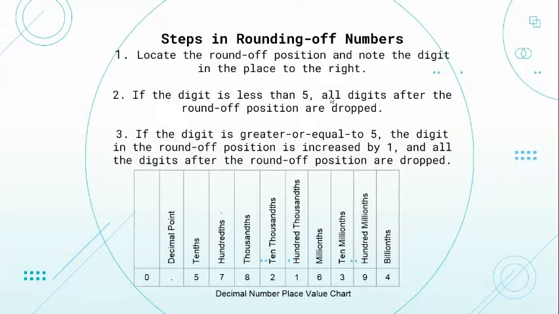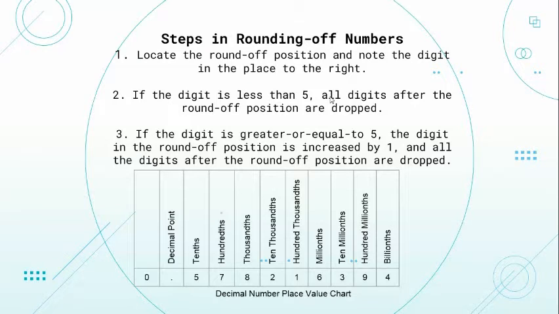Those are the fractional values. Second, if the digit is less than 5, all digits after the roundup position are dropped, meaning the roundup digit remains as is. Third, if the digit is greater than or equal to 5, the digit in the roundup position is increased by 1, and all the digits after the roundup position are dropped.